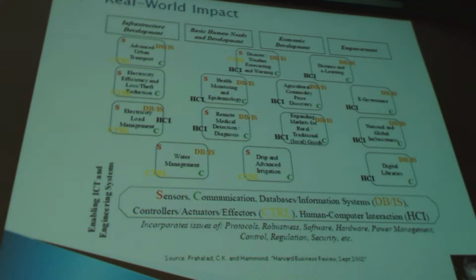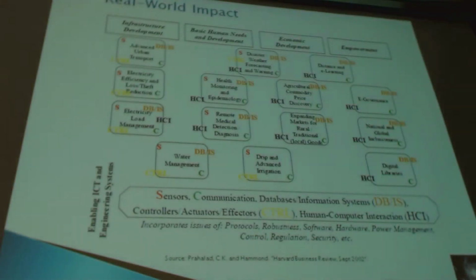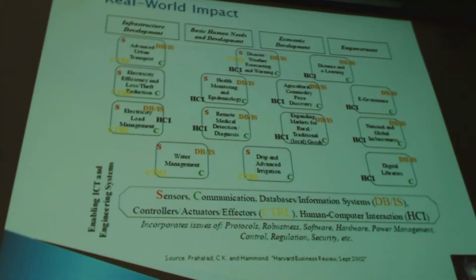The other impact is economic development, like expanding markets in rural areas, and also helping in selling traditional or local goods. The other impact is empowerment, that is expanding e-learning, e-governance, supporting digital libraries, and also enhancing national and global inclusiveness. That I can reach anyone, anybody can reach me.